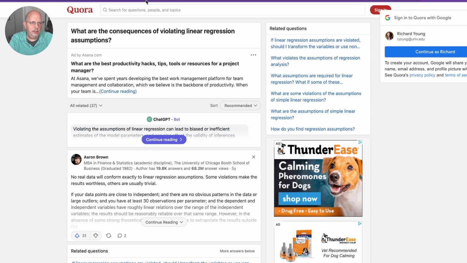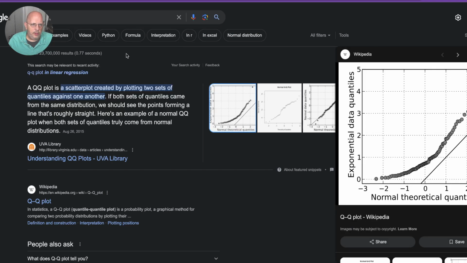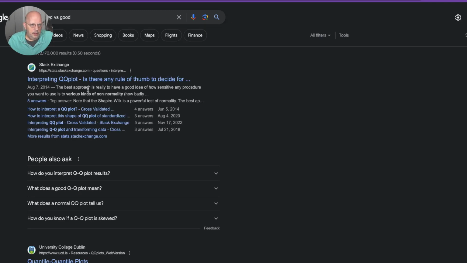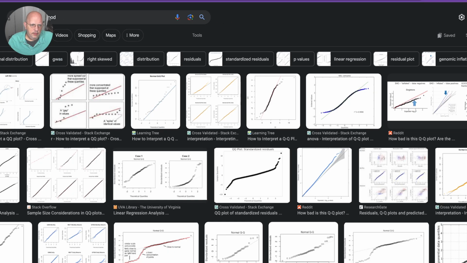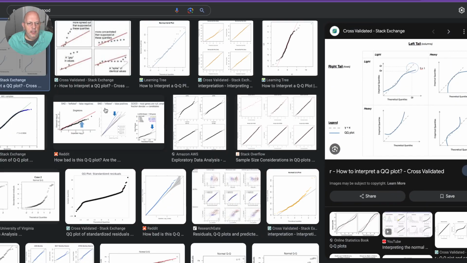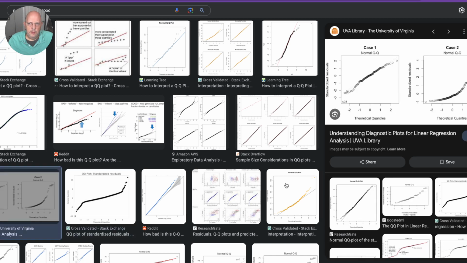Do I have a QQ plot that's bad versus good? Bad, bad, bad. That's not looking the way it should.